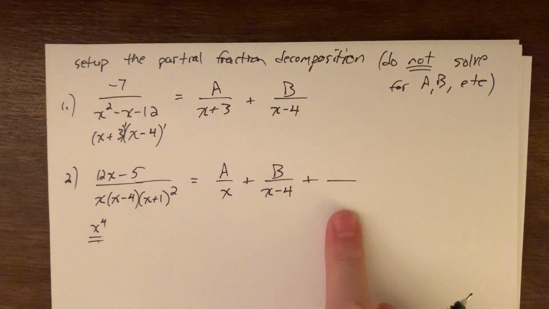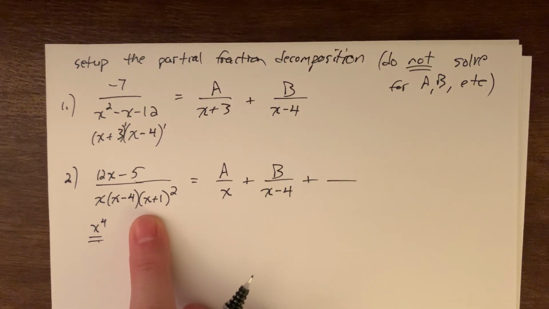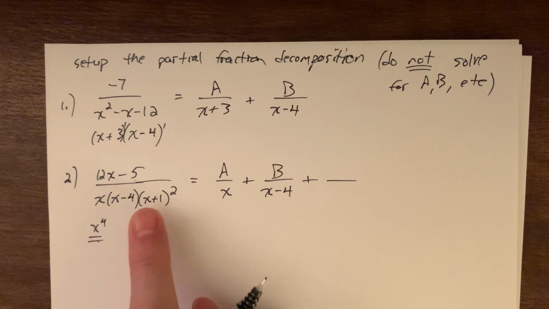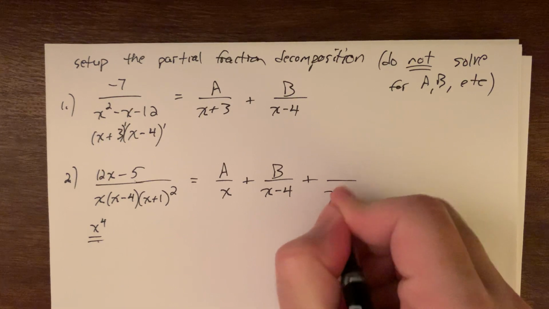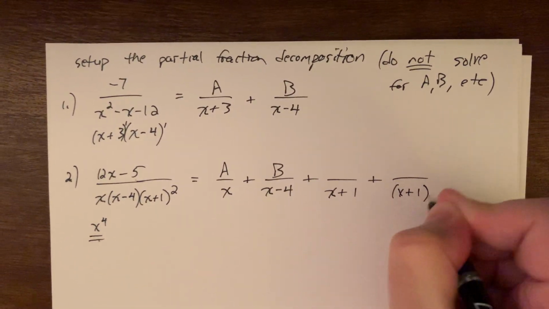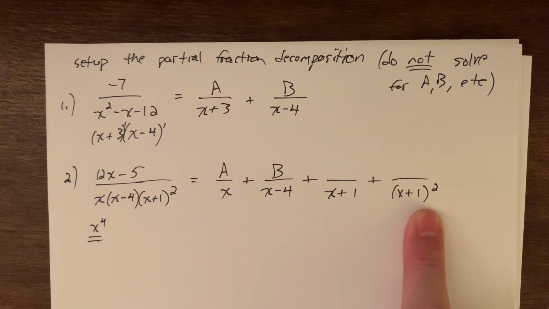Plus, now this is where some people get into trouble. There are some slight variations on what works, but here's the best habit. Like I said on the previous page, a fraction for every power of this factor. This is squared, so I'm going to need a fraction for x plus 1 to the first power, and a fraction for x plus 1 quantity squared.